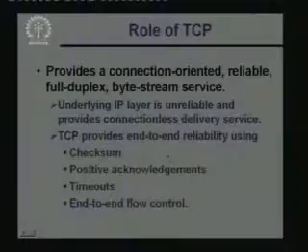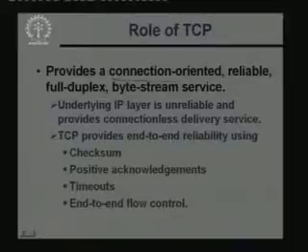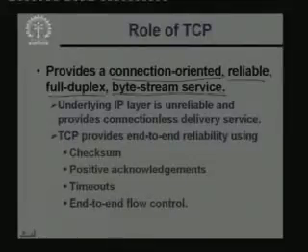Now, first let us look at what are the basic purposes and roles of the TCP protocol, the Transmission Control Protocol. One thing to note is that the main difference between TCP and UDP is primarily related to the kind of service that it provides to the applications which are invoking them. Okay. So, TCP provides a so called connection oriented, reliable, full duplex, meaning bidirectional, and byte stream service.